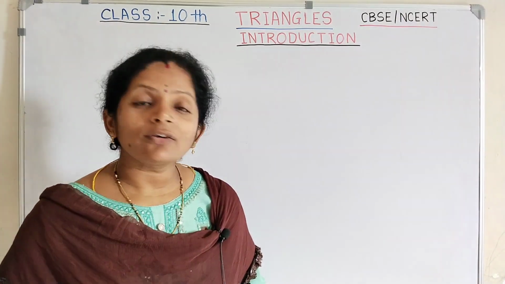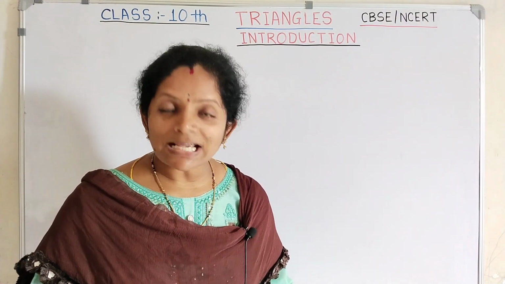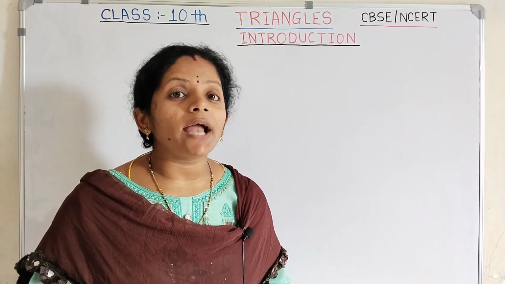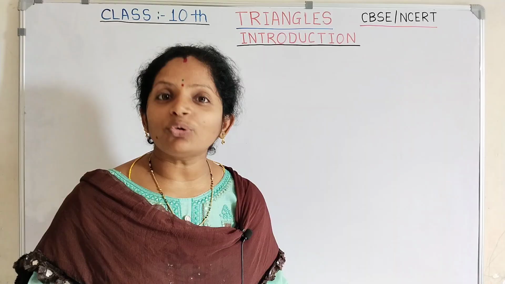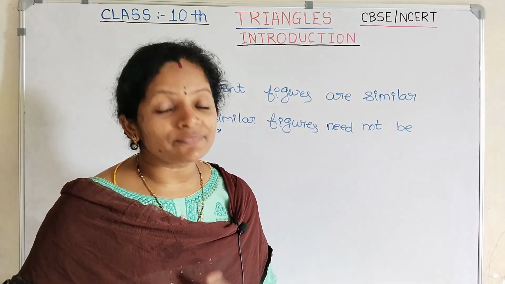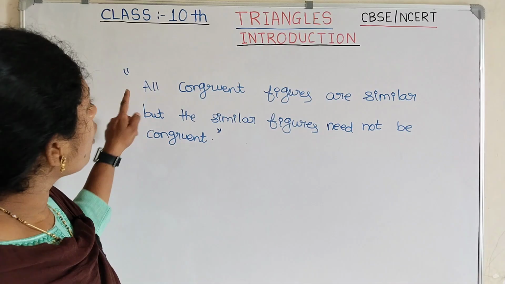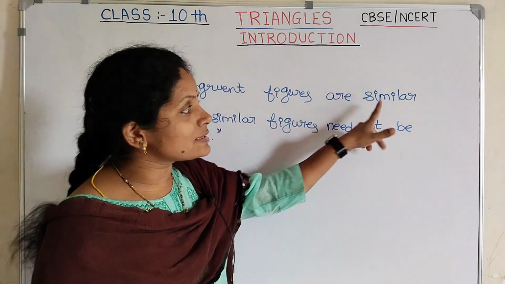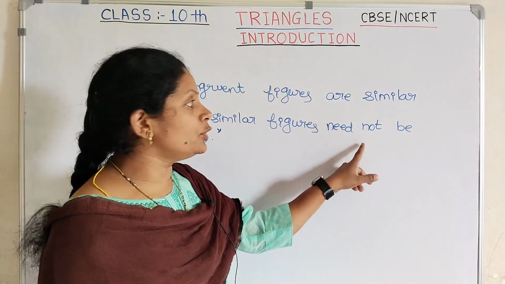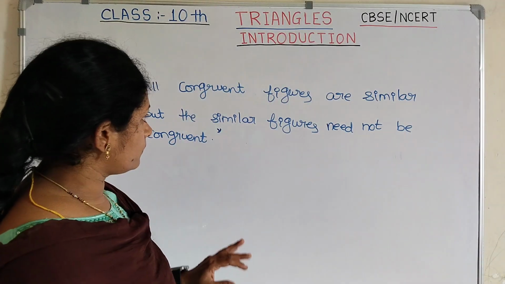We can say that all circles are congruent, all equilateral triangles are congruent, and all squares are also congruent. By all of these things, we can declare that all congruent figures are similar, but similar figures need not be congruent.